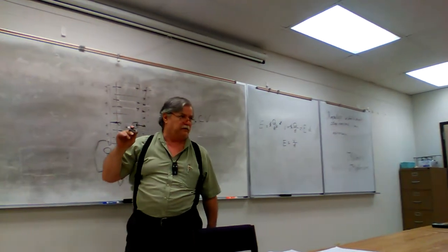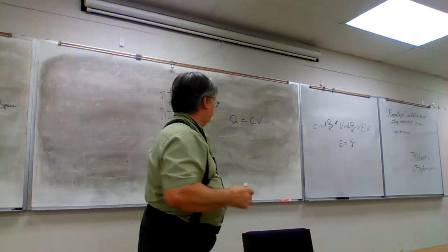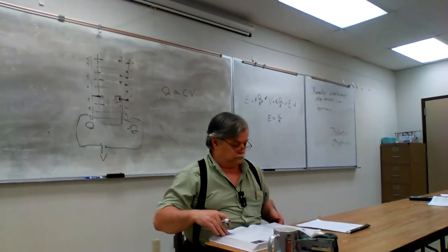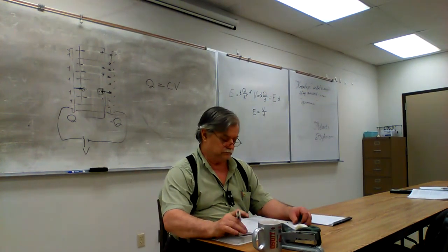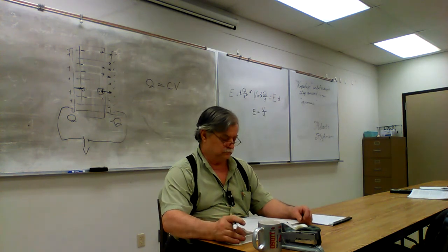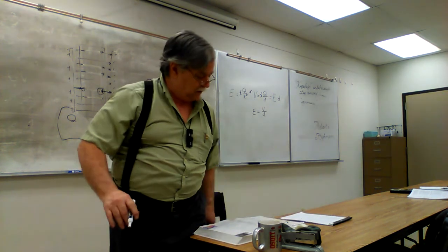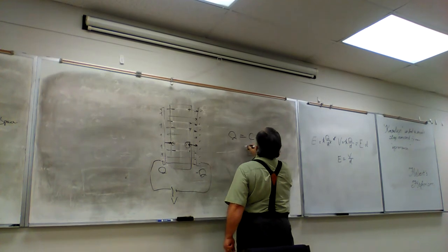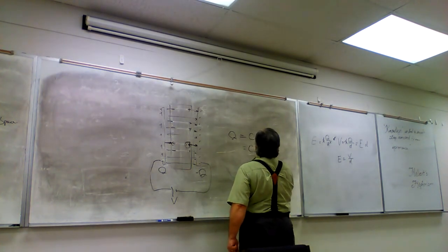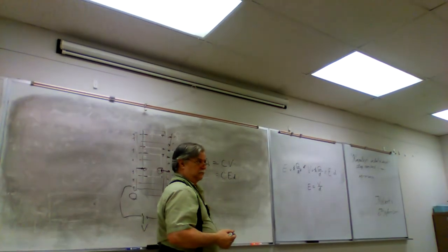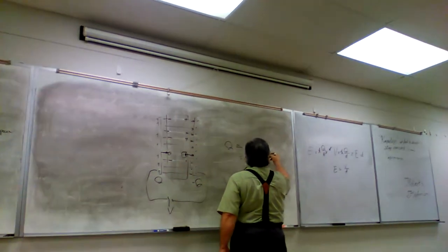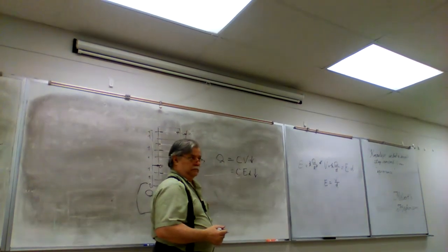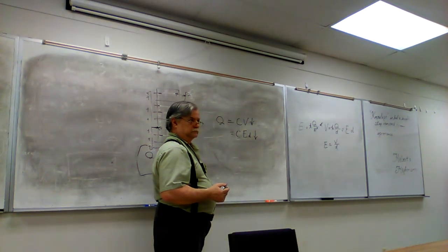Does everyone see how that happens? Because the E field in between here goes down. But voltage is E times D. So if E goes down, voltage goes down as well. Right?